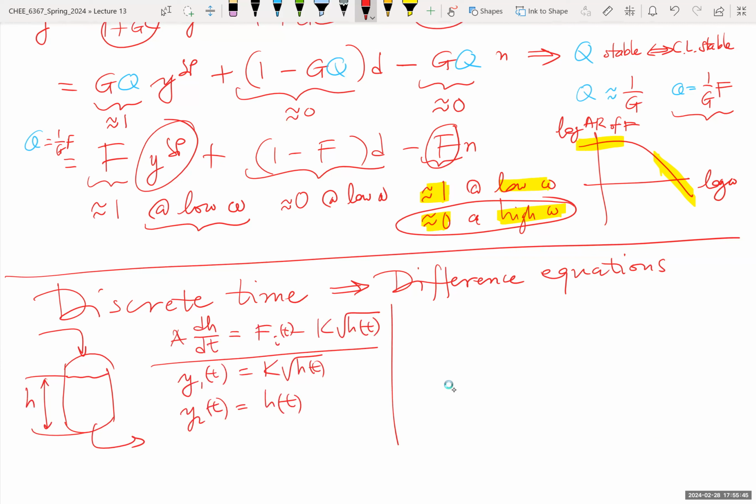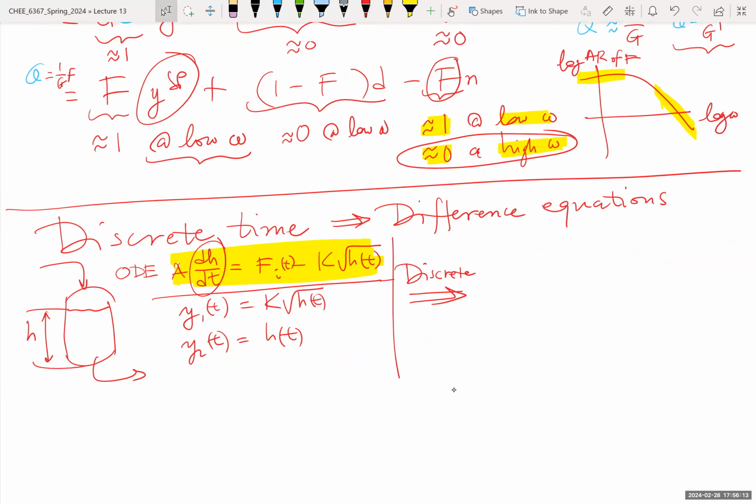One easy way for discretization: notice this is here an ODE, a differential equation, so we can discretize it and make it a difference equation. One easy way is to substitute this derivative, as we explained last time, by a finite difference.